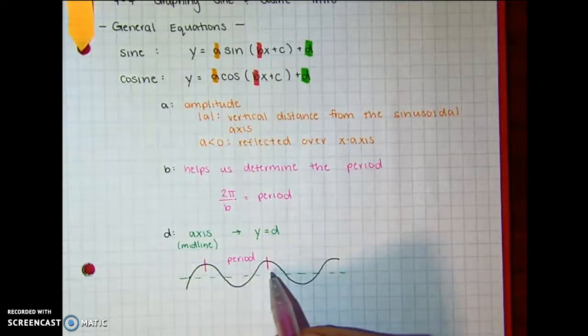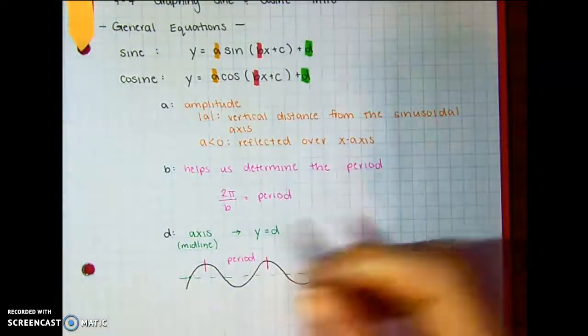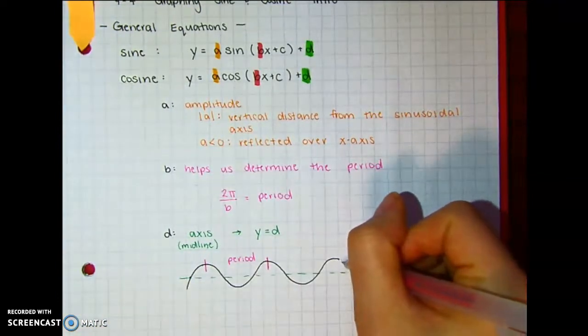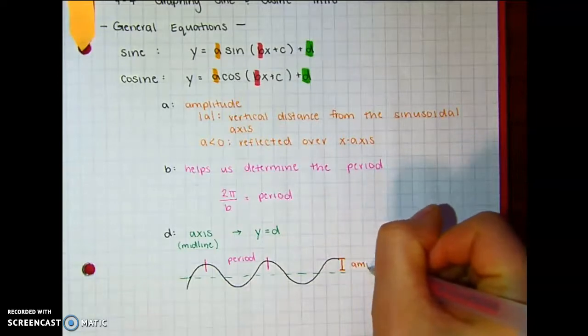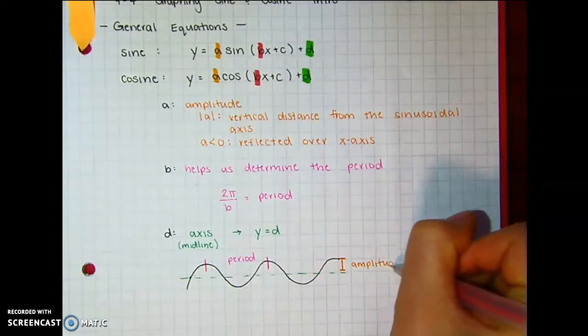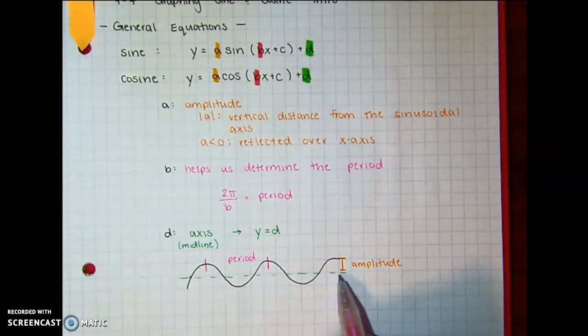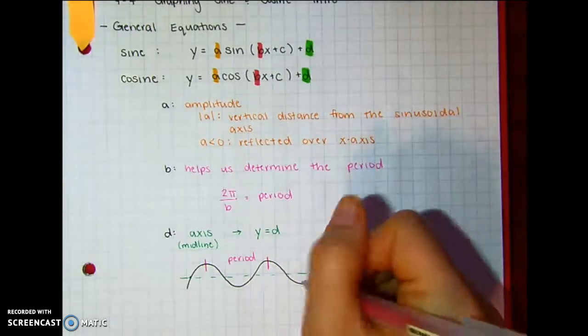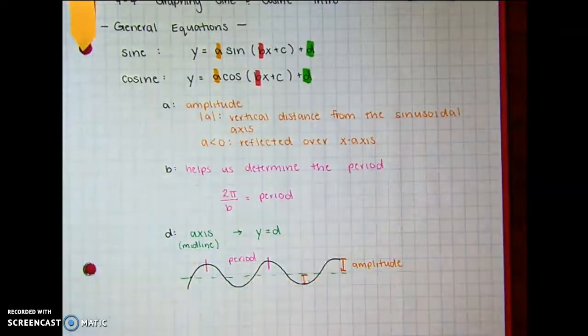So one of those is a period, and the amplitude is going to be this distance here. The amplitude is the distance between the sinusoidal axis, the midline, and the max or the min. So these have the same distance.